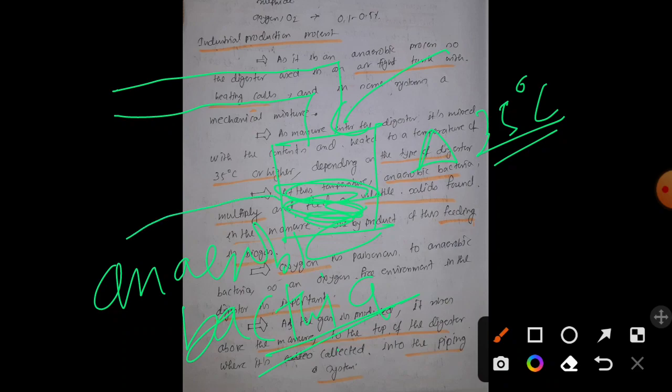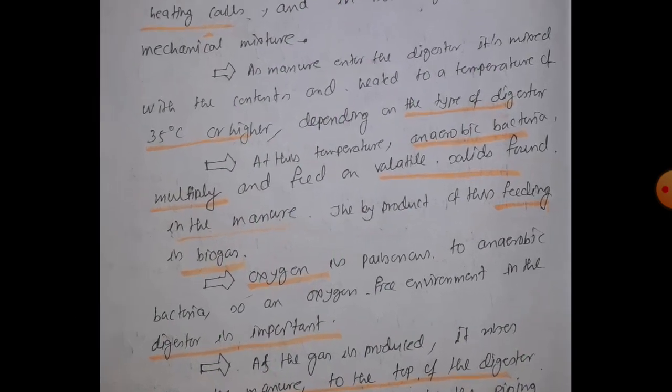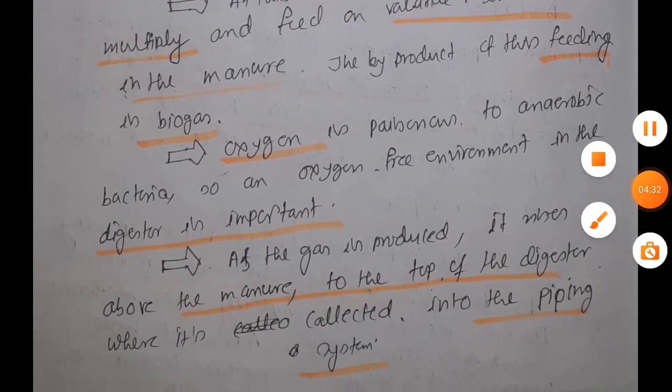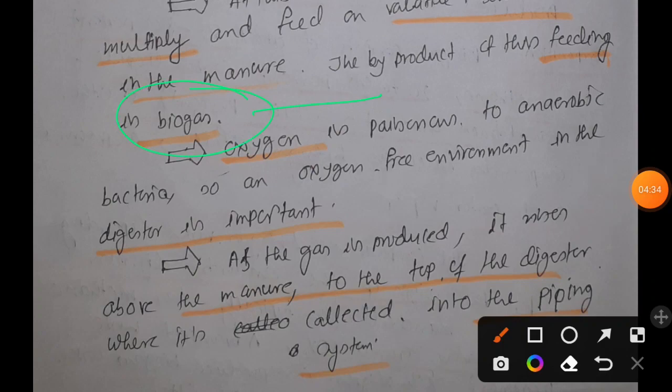The anaerobic bacteria that form will use the volatile solid compounds of the manure as food material. During this feeding procedure, as a byproduct you will get biogas.